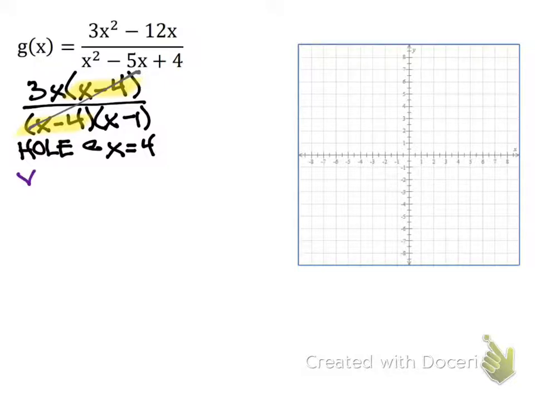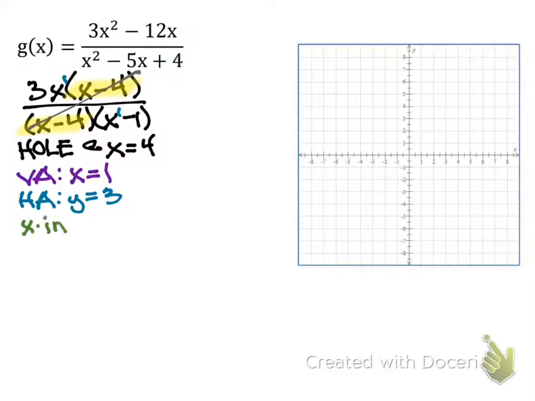Next would be the vertical asymptote, which occurs at the restrictions in the denominator, so x equals 1. Then we would look at any horizontal asymptotes. Here we have an x to the first in the numerator, x to the first in the denominator. Exponents are the same. Divide the coefficients. Y equals 3 is the horizontal asymptote.